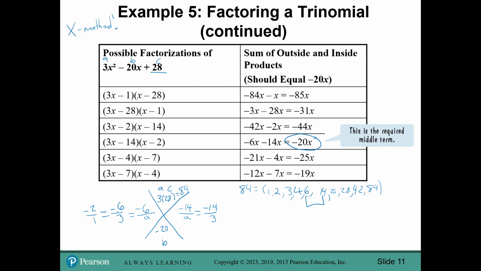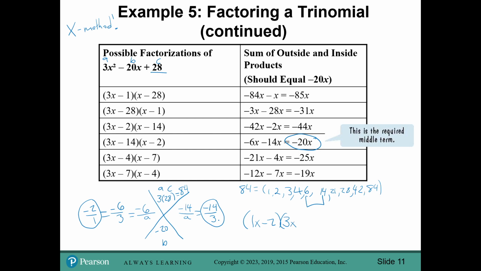Here's why. Because I now have everything I need in these two numbers to write my factored form of my equation. Watch this. I'm going to take the bottom number here, which is 1. I'm going to put that on my x, and I'm going to use the top number as the constant. So I'm looking at 1x minus 2. In my other factor, I'm going to have a 3, put that in front of the x.